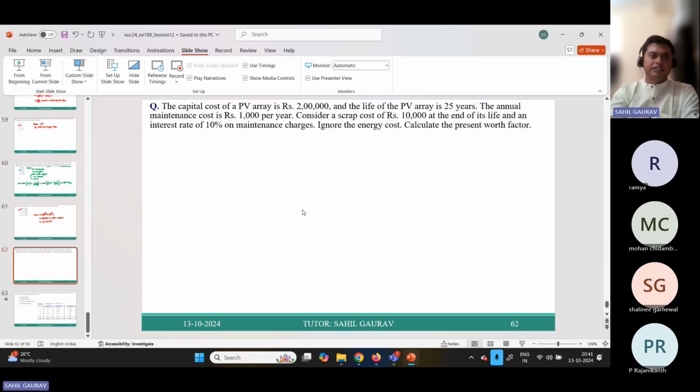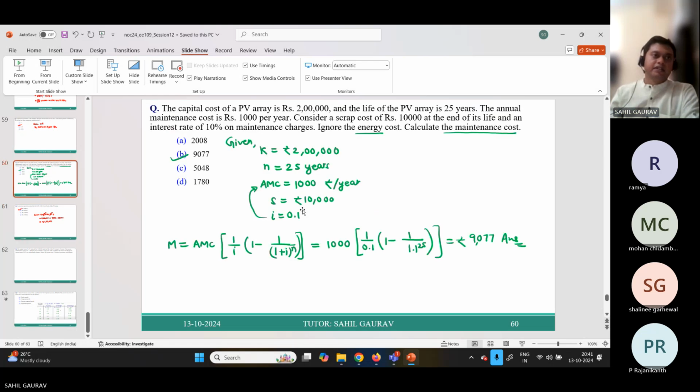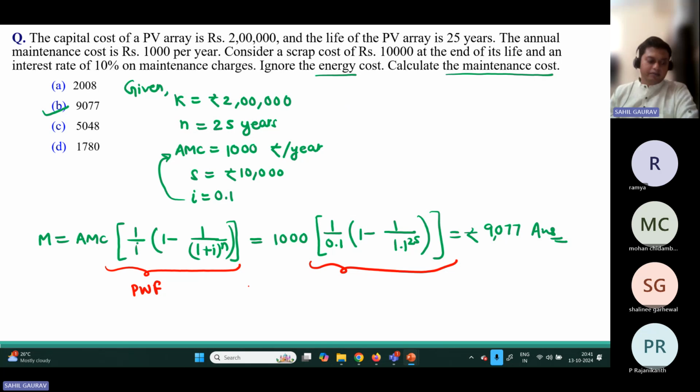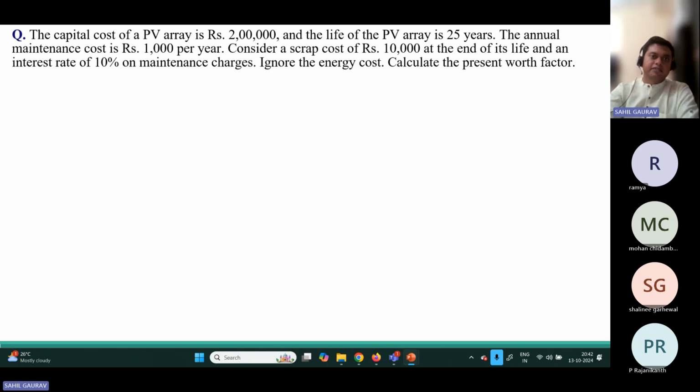So the present worth factor is this one. We have calculated the value and it comes as 9.077, and the data are the same.